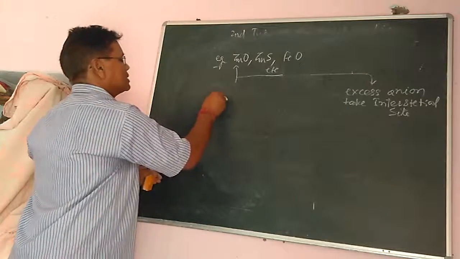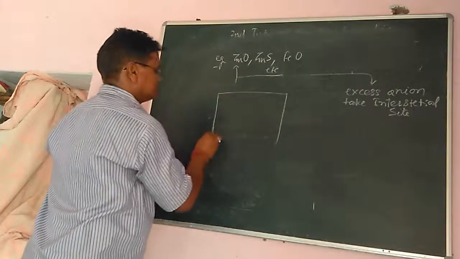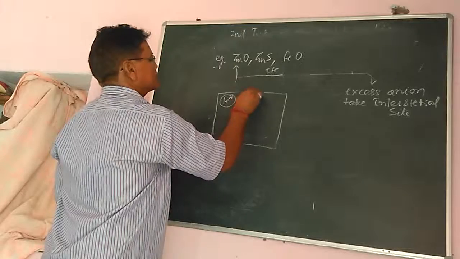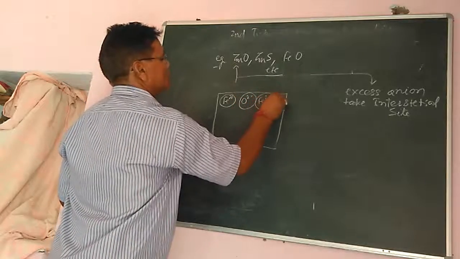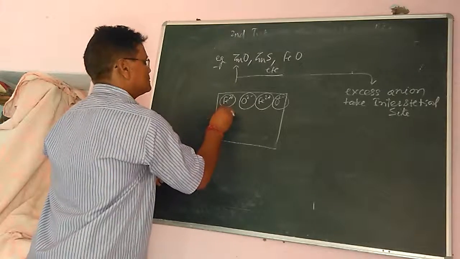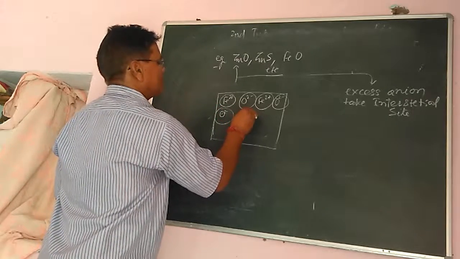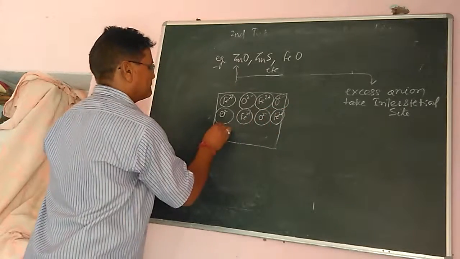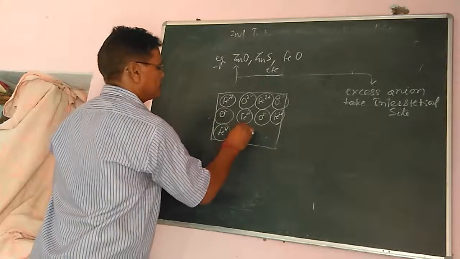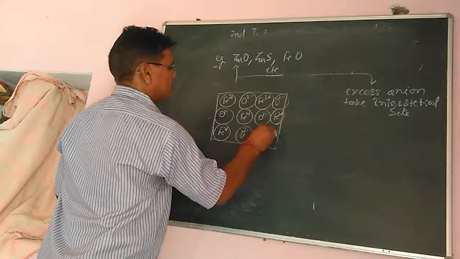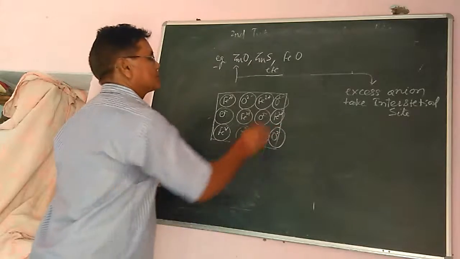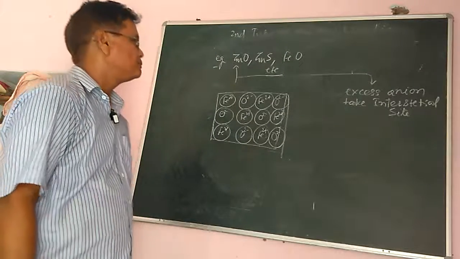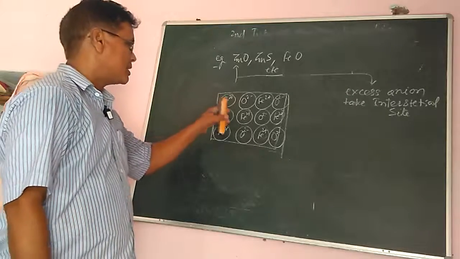In this case, suppose Fe2+ O2-, Fe2+ O2-. Suppose this is the arrangement of the crystal.